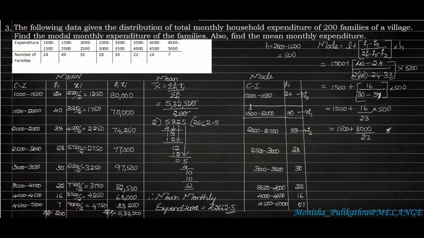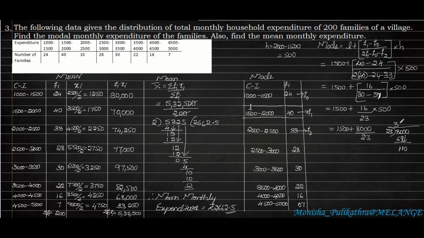You can even take the LCM of it, or else you can divide it. 23 3s are 69, so the remainder will be 11. 11 is not divisible by 23, so I'll take a 0 here, 110.